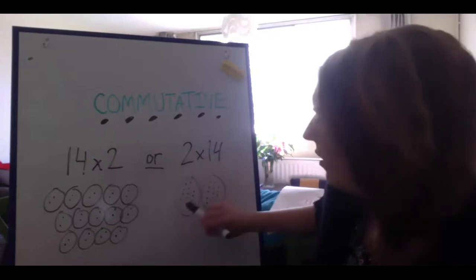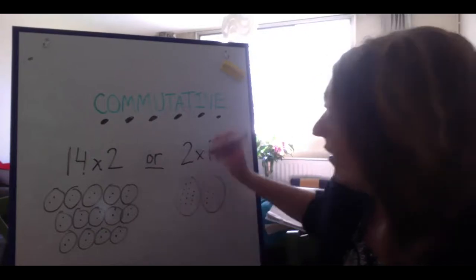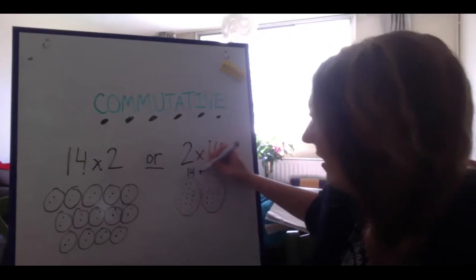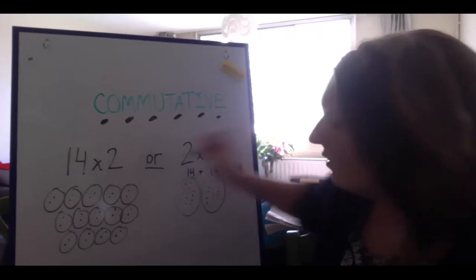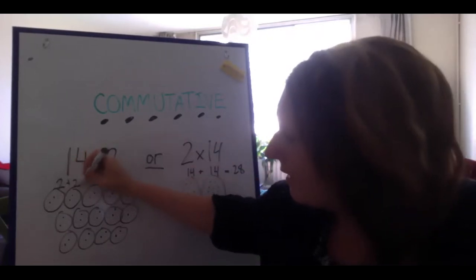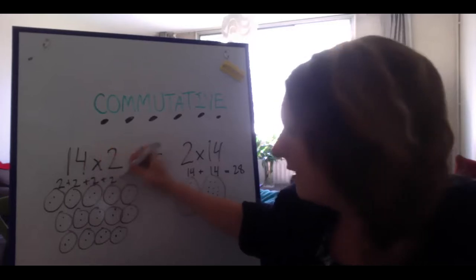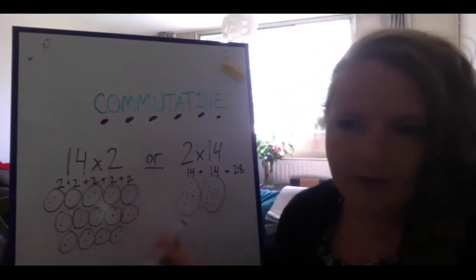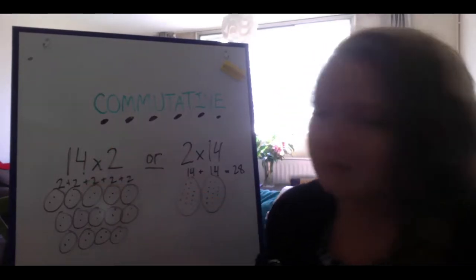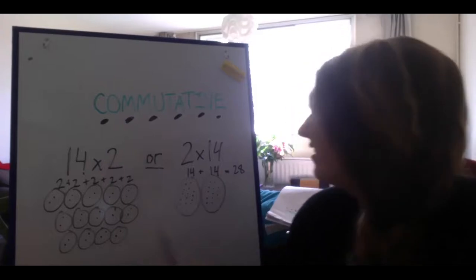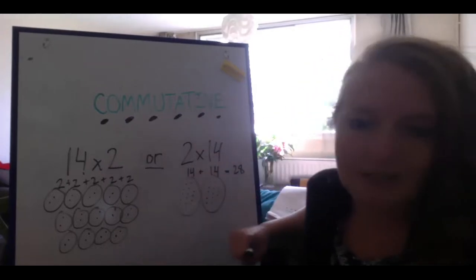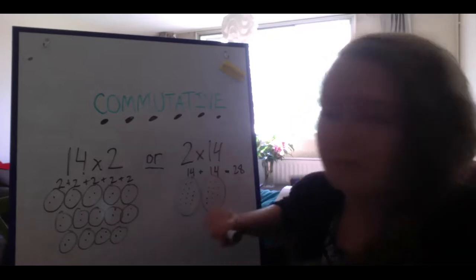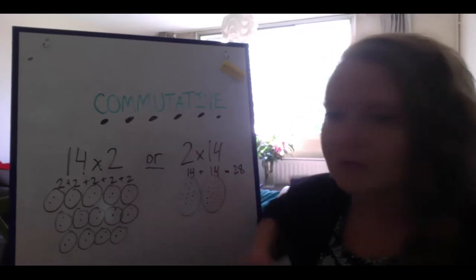I've shown that. 1 group, 2 groups of 14. Oh, well, I know that this is 14 plus 14, and that is equal to 28. Whereas here, I'd have to go 2 plus 2 plus 2 plus 2 plus 2, carry on, counting in twos. So it might take me a while, where it's much easier and much more efficient to do it this way. So you can see already how our law of commutativity can help us with multiplication.